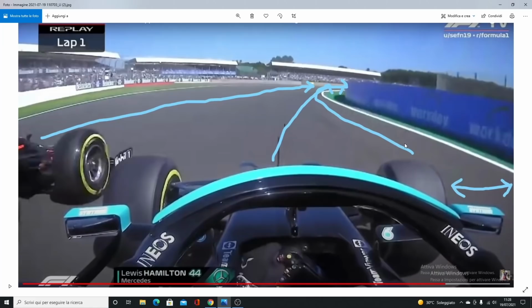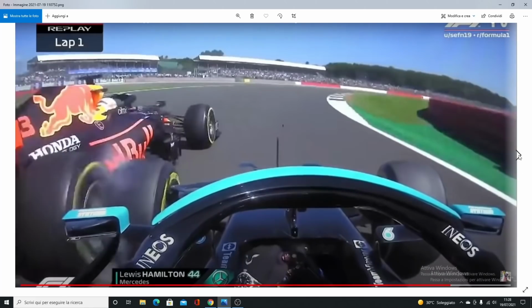So staying to the right, lifting up the throttle to avoid an incident, and taking a worse line, but definitely avoiding the incident. But Hamilton knows he needs this victory. He does not want to back up, so he's taking the risk, and as you can see, this is what happens.